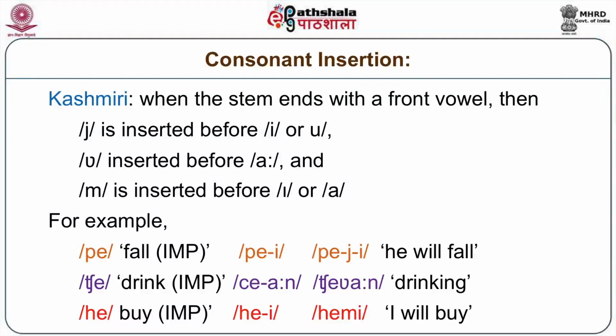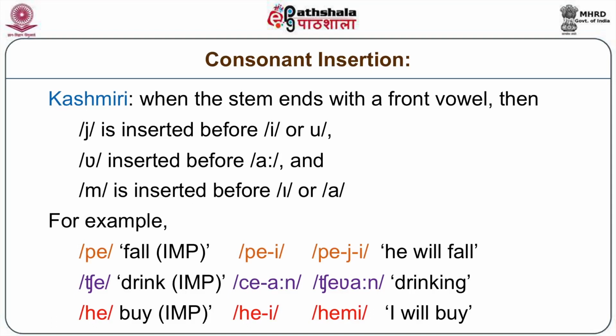When this happens, there can be the deletion of a vowel, which we looked at in the last module. Another alternative is the insertion of a consonant between two vowels in order to avoid the occurrence of two vowels together. This is one of the contexts in which consonant insertion takes place.